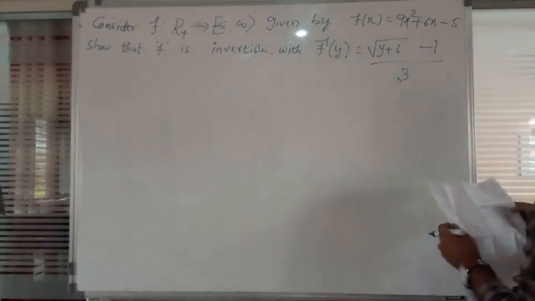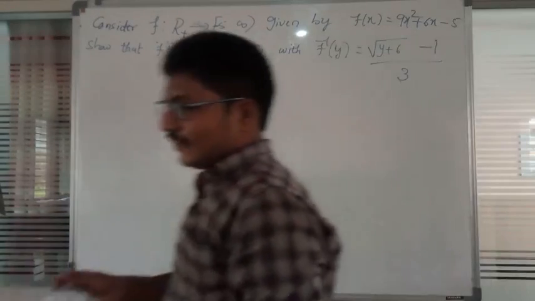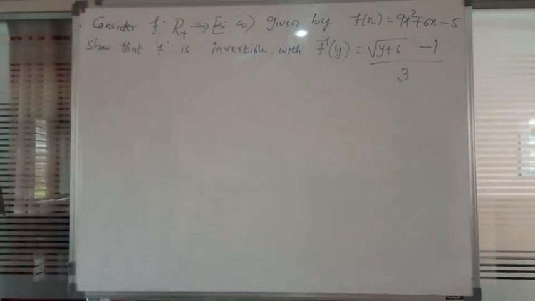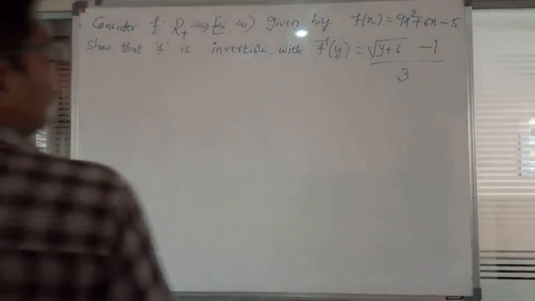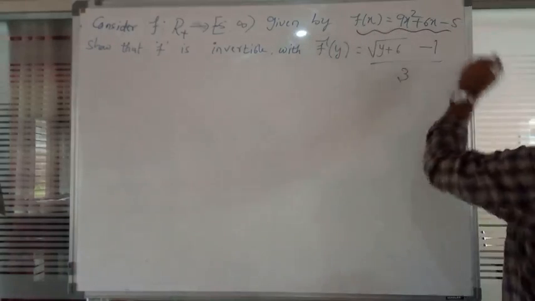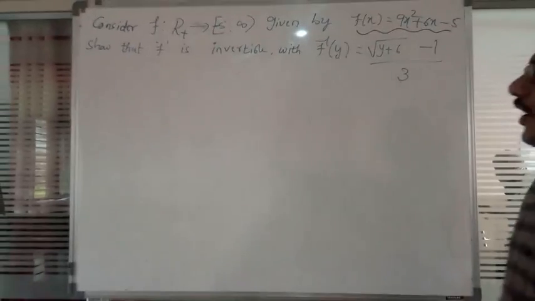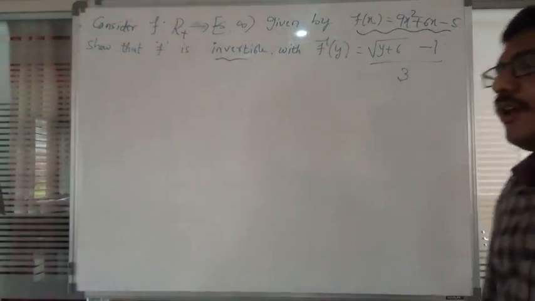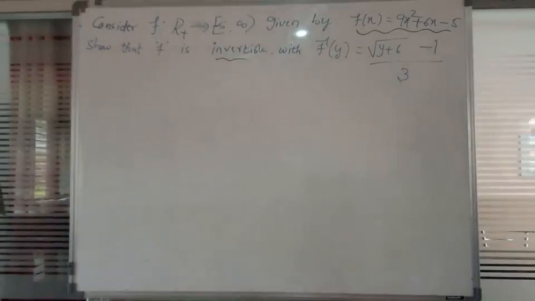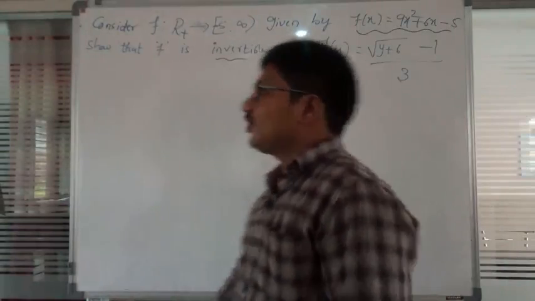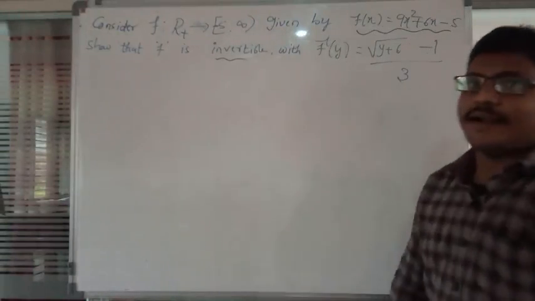That is the answer. This is also an important question for 5 marks. They ask us to show that f is invertible. For f to be invertible, it must satisfy one-one and onto.